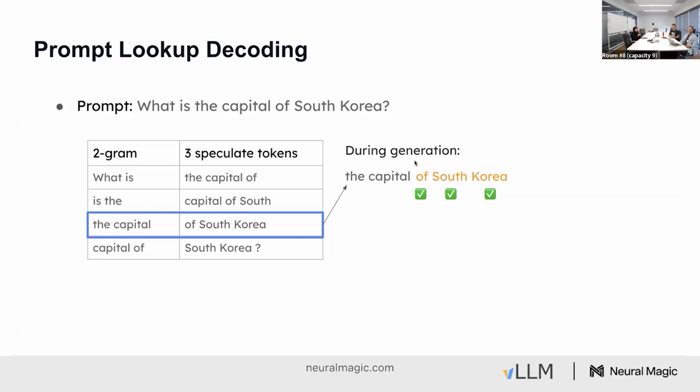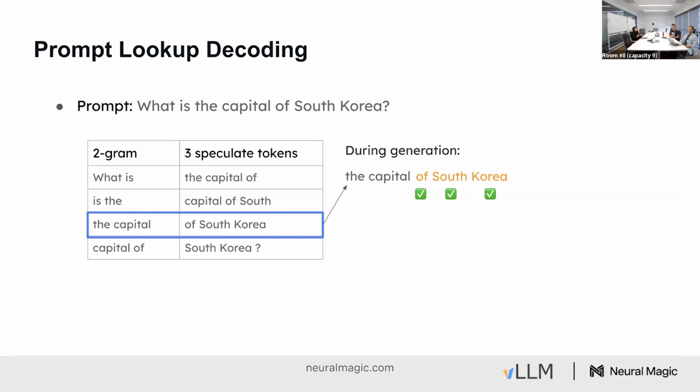During the generation phase, when you have already generated 2 tokens, "the capital," you check the lookup table and find, oh, there is a match here. We have the key "the capital" in the lookup table. So for the next 3 tokens, you just use the value you looked up to propose them. You say, oh, maybe the following 3 tokens will be "of South Korea." And in this example, that is correct, right? The 3 tokens that followed are indeed "of South Korea."